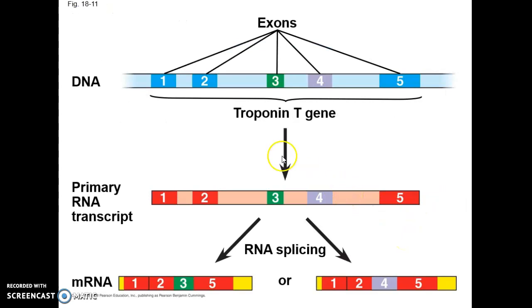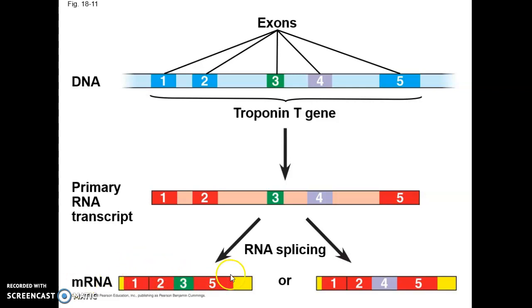So looking at this figure, here is our gene with 5 different exons. Remember, those are the ones that are expressed. And this whole sequence, the numbered sequences and the sequences in between, all get transcribed. But depending on what the cell needs, the exons can be put together in different combinations through splicing.